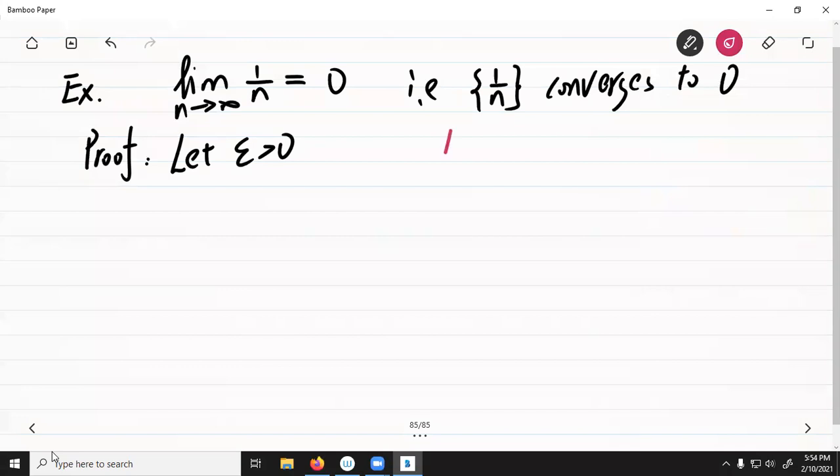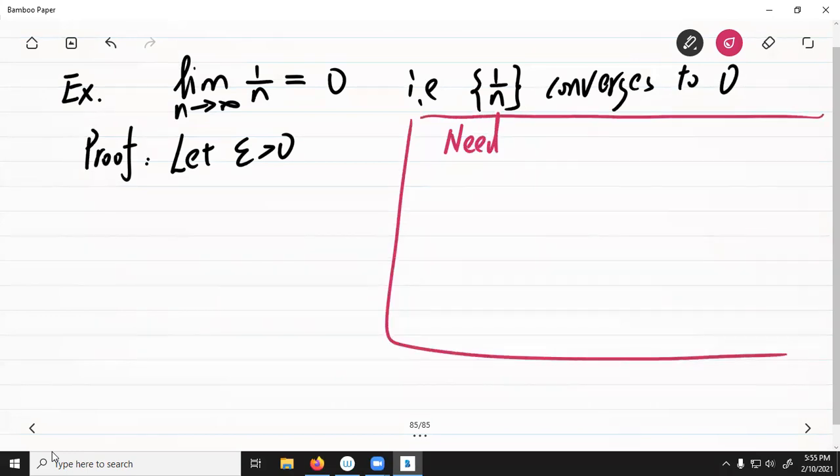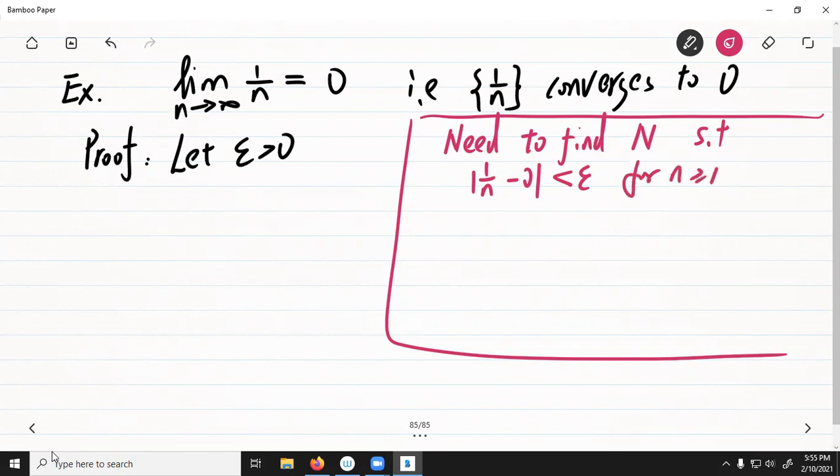We need to find this capital N such that |1/n - 0| is less than epsilon for all n greater than or equal to this capital N. So how to find it?